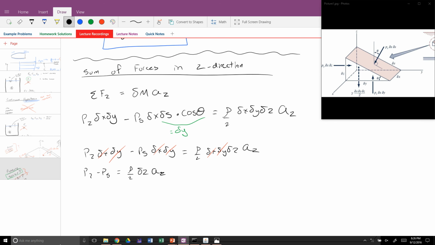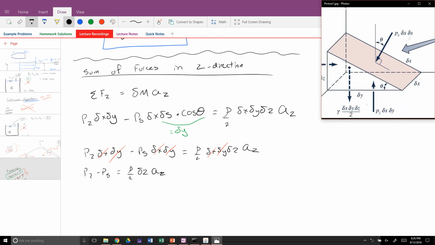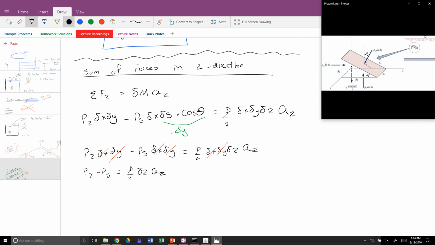Again, we're interested in the case where this shrinks down to a point in space. So this approaches 0, leaving us with PZ minus PS equals 0, reinforcing our conclusion that the pressure is the same regardless of the orientation at which it is measured.